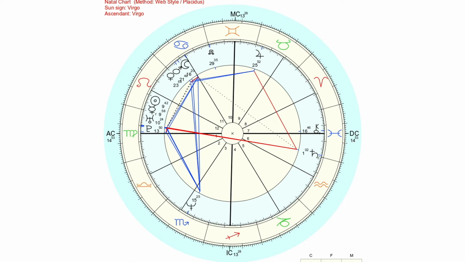It looks like it is positioned in Leo, but that is not so. If you compare the degrees and minutes of the Sun, Mercury, Uranus and Pluto, they are very close to each other, and they are all in the first half of Virgo. Such a close grouping of planets is called stellium in astrology.